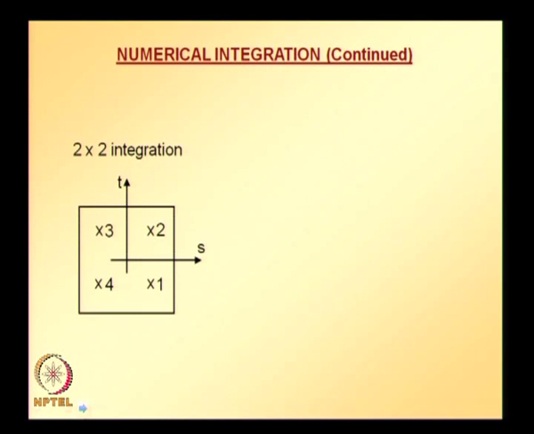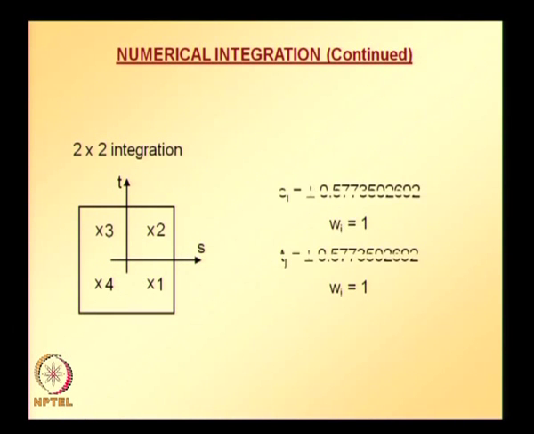Next, 2 by 2 integration. There are two integration points in the s direction, two integration points in the t direction. The coordinates of the integration points in the s direction can be obtained from the table that we just looked at, taking the number of significant digits as the accuracy that one is looking for.